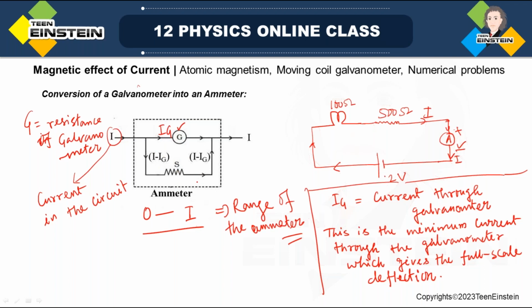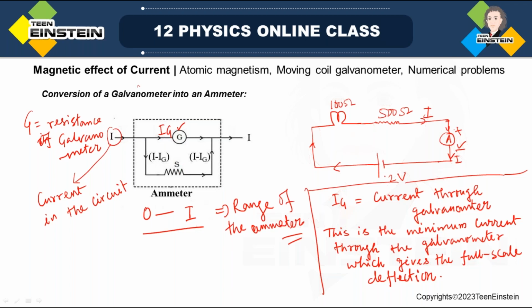As I was mentioning, the ammeter should not modify the current in the circuit. Because the shunt has very negligible resistance, some 0.1 ohm or sometimes milli ohm, a very small resistance is taken as shunt.